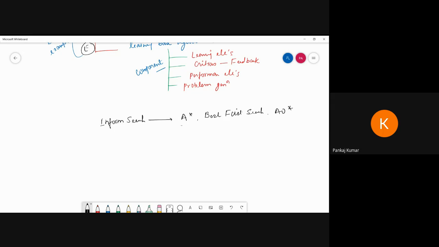So these three algorithms we are going to study in informed search.